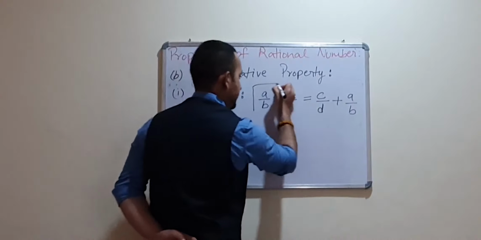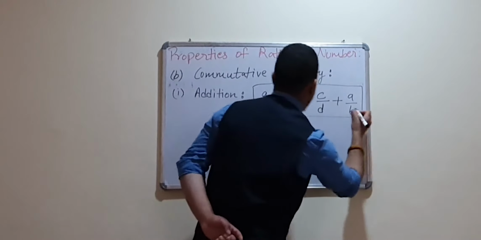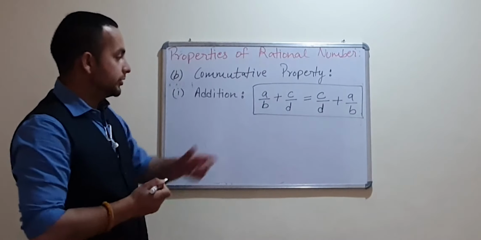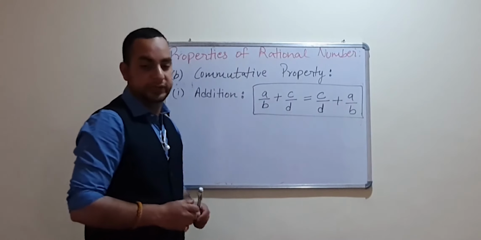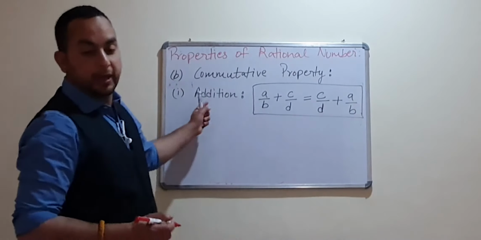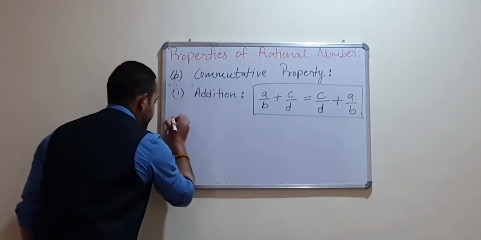This is our general formula for addition of rational numbers with the help of the commutative property. Now we are going to test it. So let's take an example.